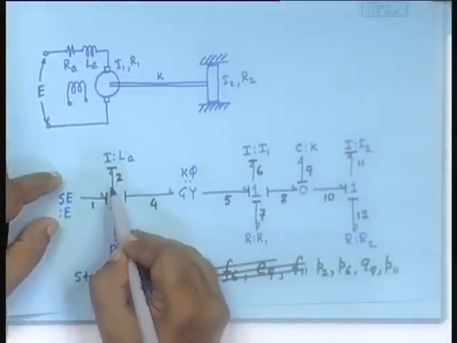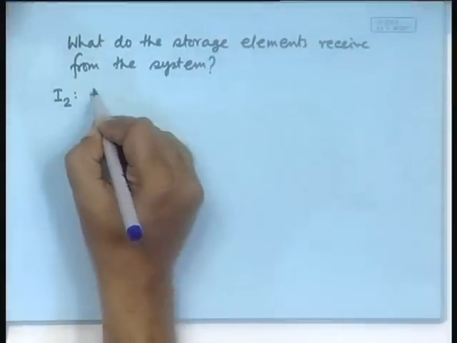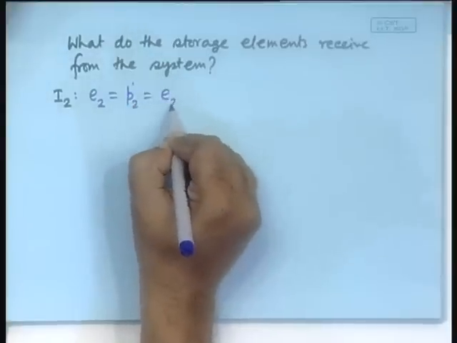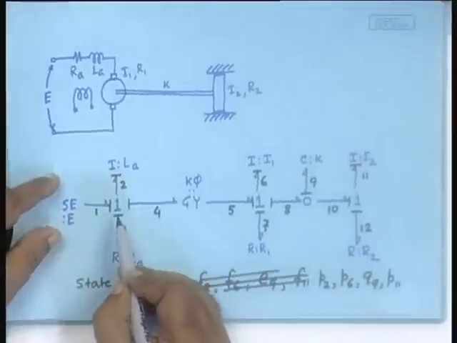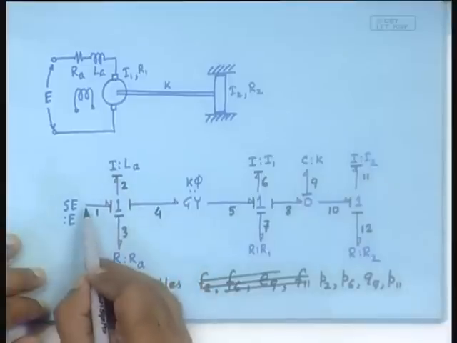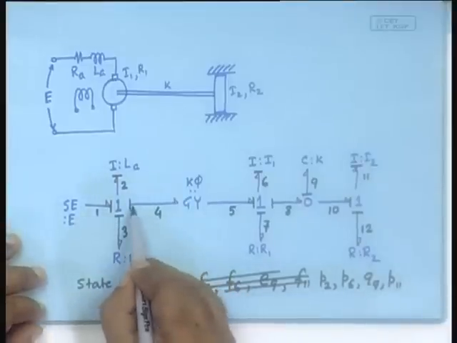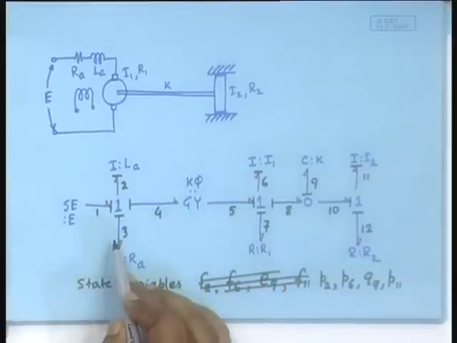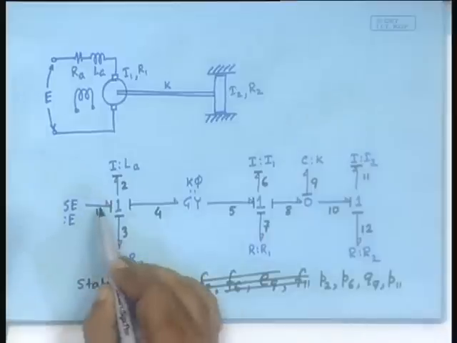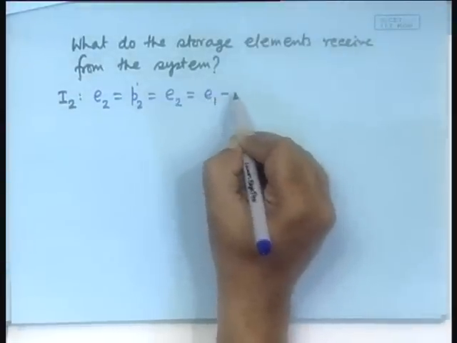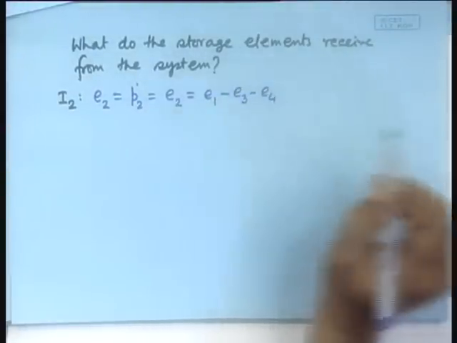It receives effort E2. So, E2 is equal to P2 dot. Where do you obtain E2 from? It is a one junction, therefore E1 minus E3 minus E4 is equal to E2, because of the power directions. Are you now comfortable with how to set the pluses and minuses from the power directions? E1 minus E3 minus E4 is equal to E2.